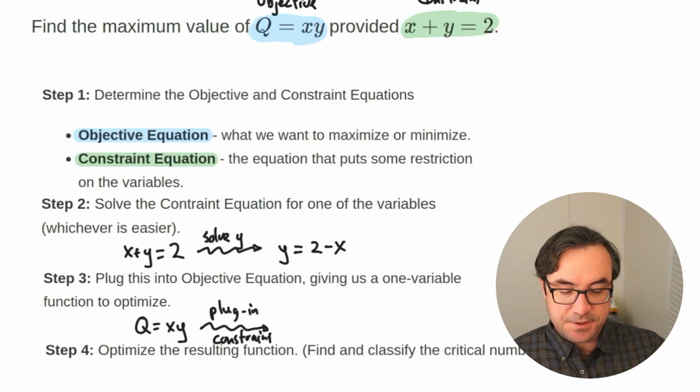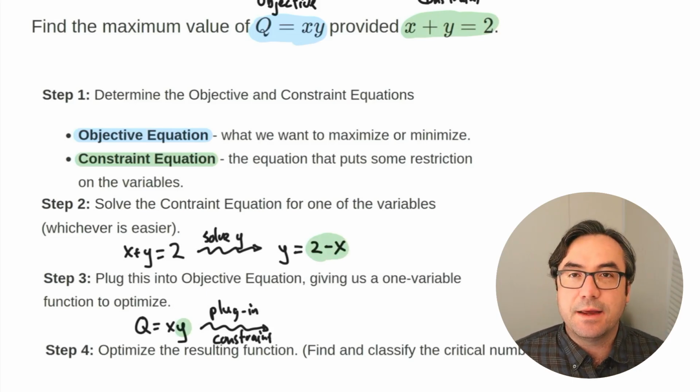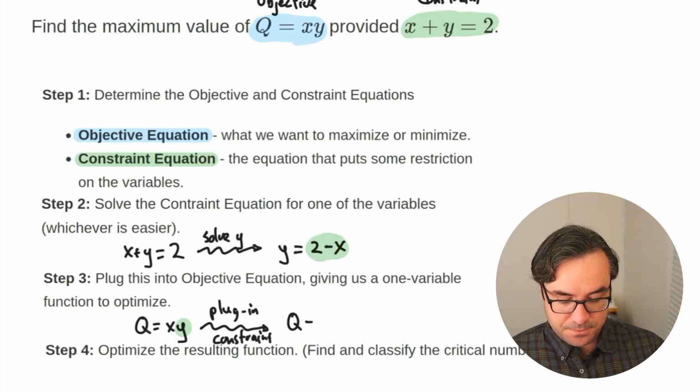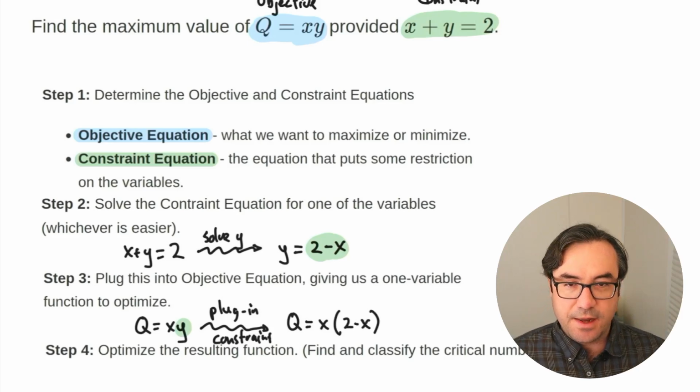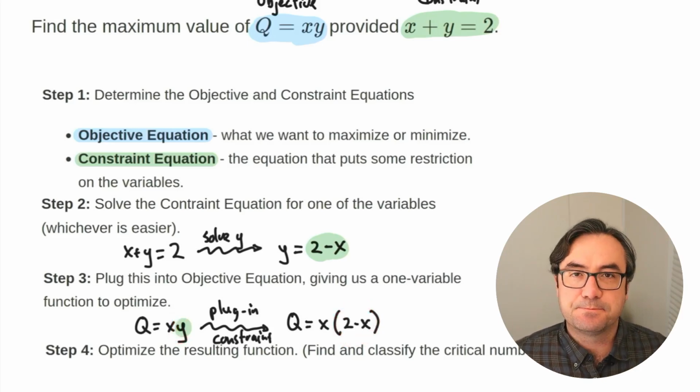We found that y was equal to 2 minus x. So wherever I see a y in my objective function, I'm going to switch that over to a 2 minus x. So I'm going to have the x that's there, and I'm changing this y to 2 minus x.